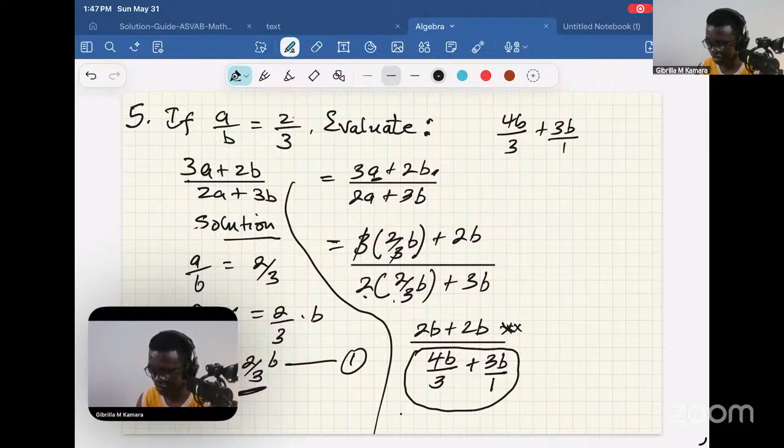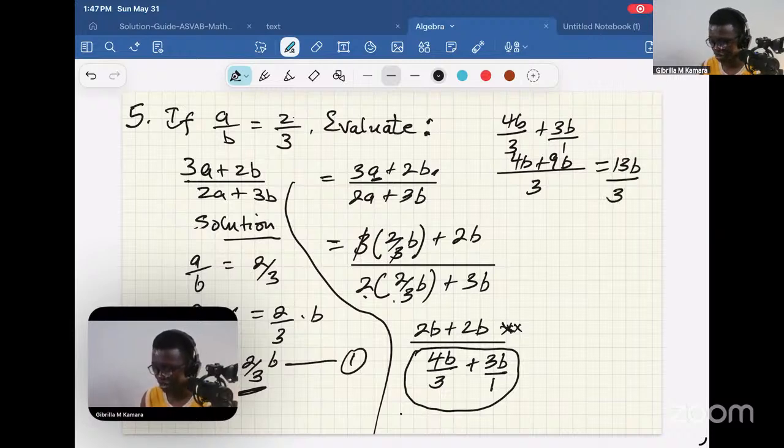So you divide this by 1. Find the LCM between 3 and 1, which gives you 3. 3 into 3 is 1, 1 multiplied by 4b gives you just 4b, plus 1 into 3, 3 times 3 gives you 9b. So your answer here becomes 13b divided by 3.